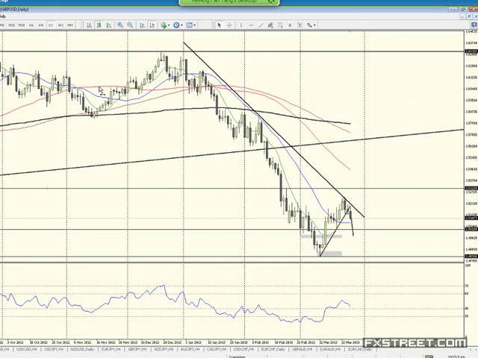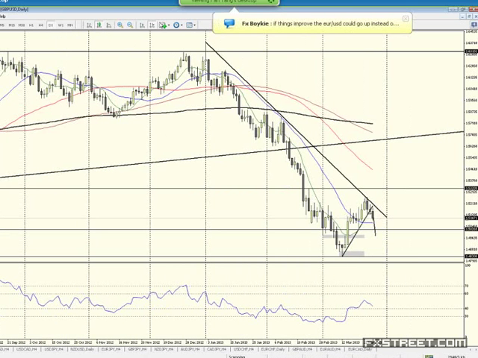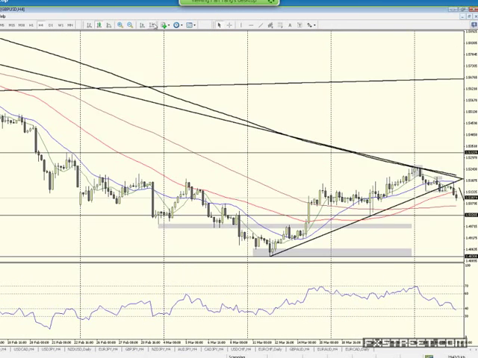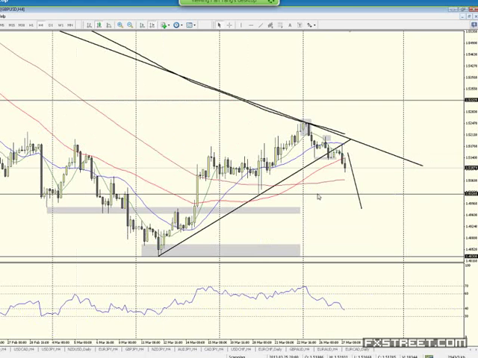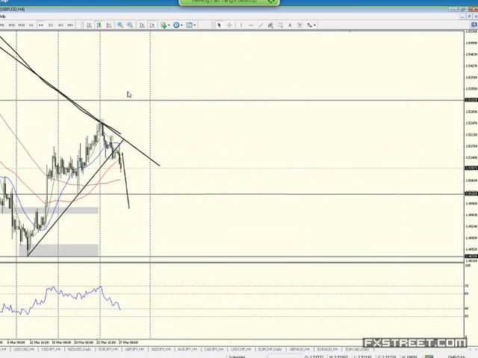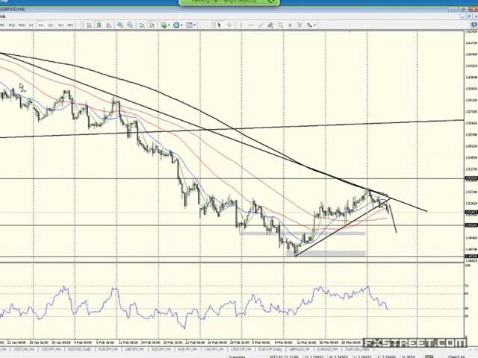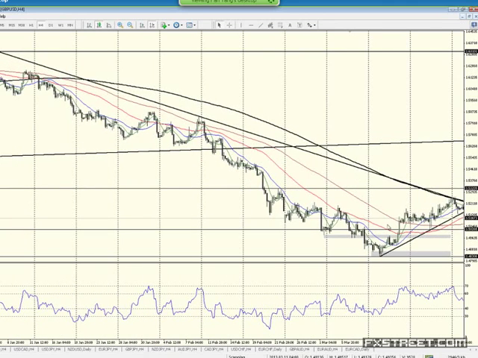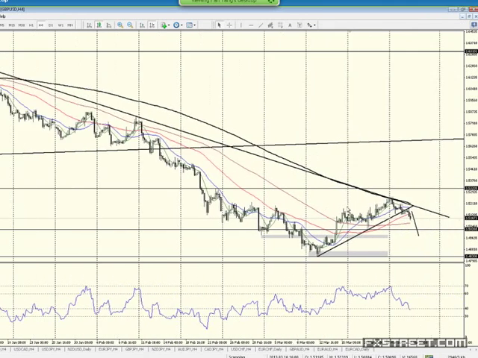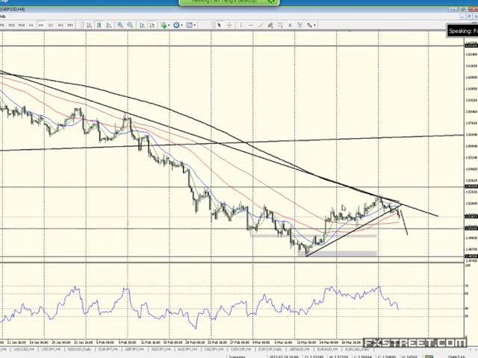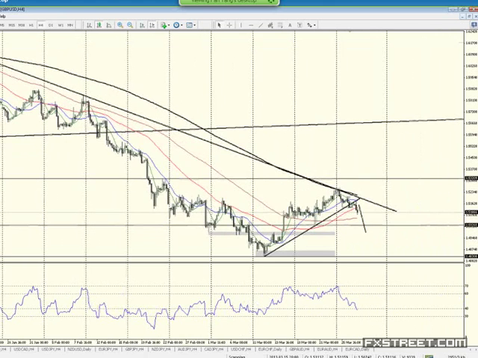So I'm looking at a bearish continuation, but in the short term, I do have to worry a little bit, because this swing here in March was a little bit stronger than the swings we have had throughout this decline, right? So it feels like a more significant type of consolidation. So we could have an A, B, C kind of consolidation, right?